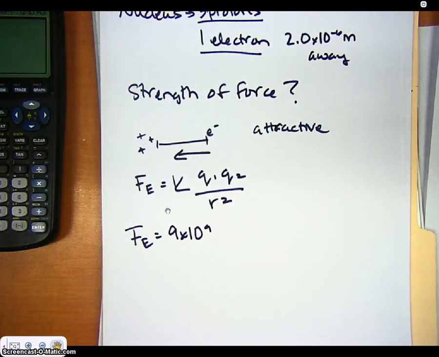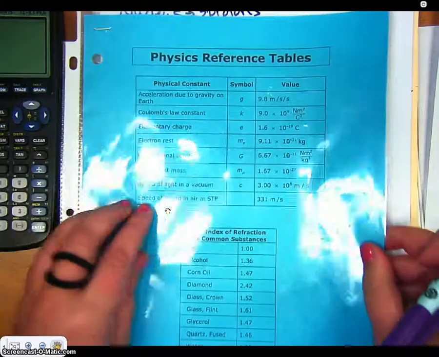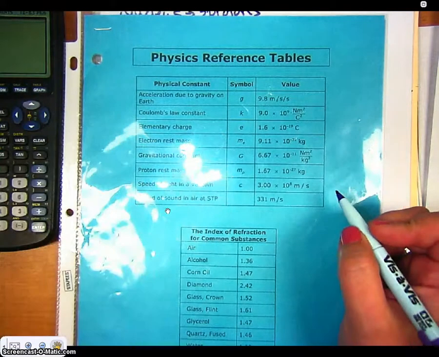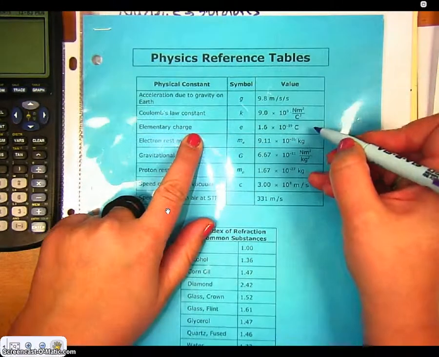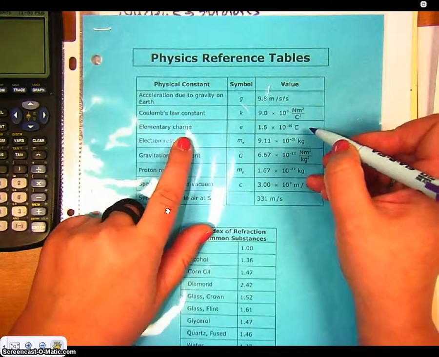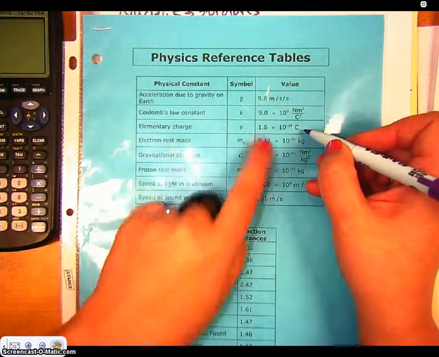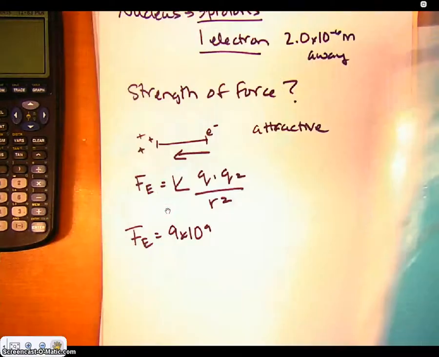And then I'm also going to look and see, all right, one of the Q's is my 3 protons. So if we look here on the reference table, again, remember we have the charge of, it says elementary charge, which is a proton or an electron. So it's 1.6 times 10 to the negative 19th.